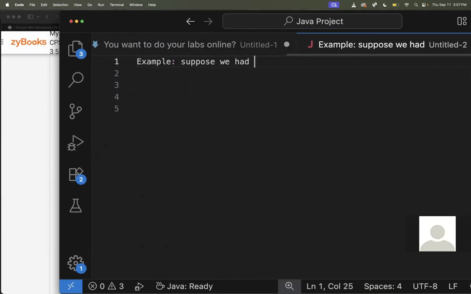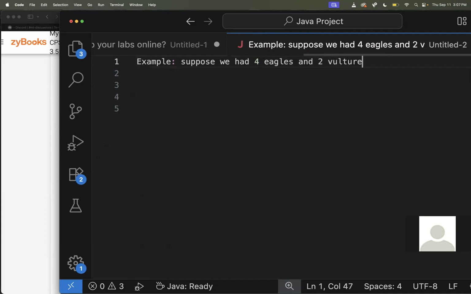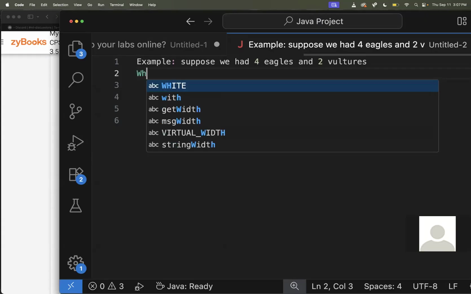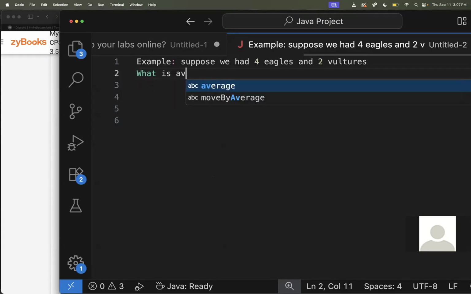Suppose we had, let's say, four eagles and let's say two vultures, okay? This is just an example. What would the average weight be? What is average weight?